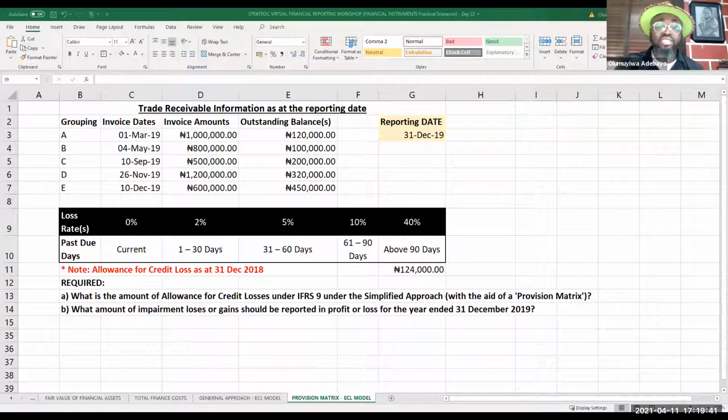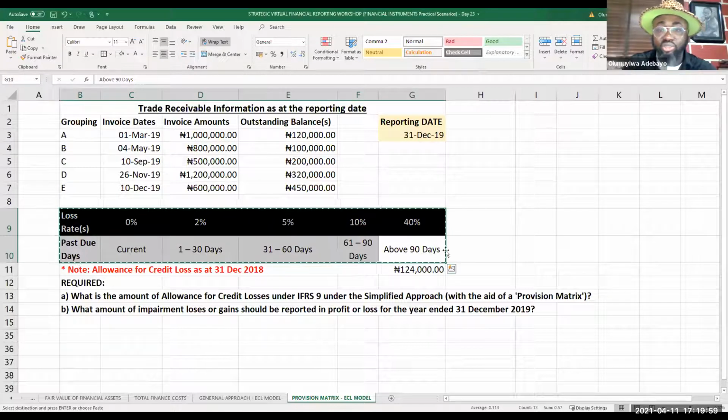This loss rate table will not be exactly the same thing. Which year is this one? 2019. It won't be the same thing for 2020. By the time we do 2020, let me just copy this.